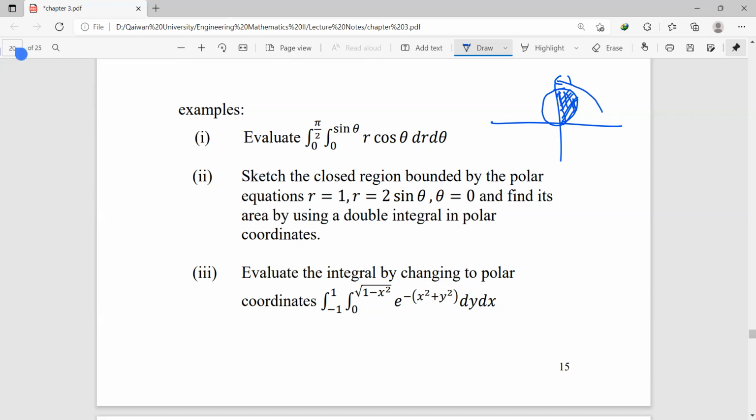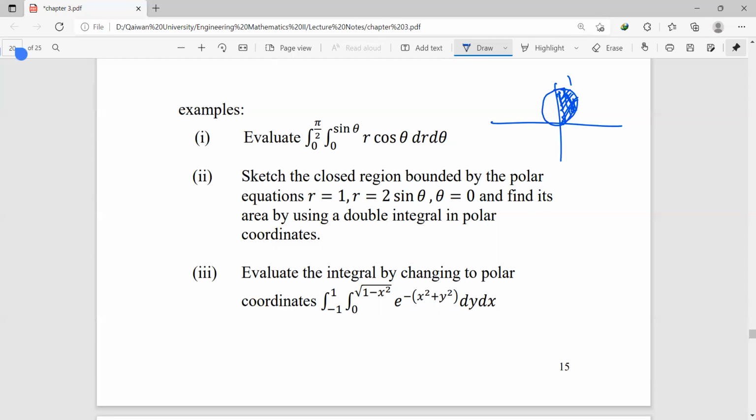This is the region that we should find. The double integration is over that region, because it says r is from 0 to sine theta, then theta is from 0 to pi over 2.